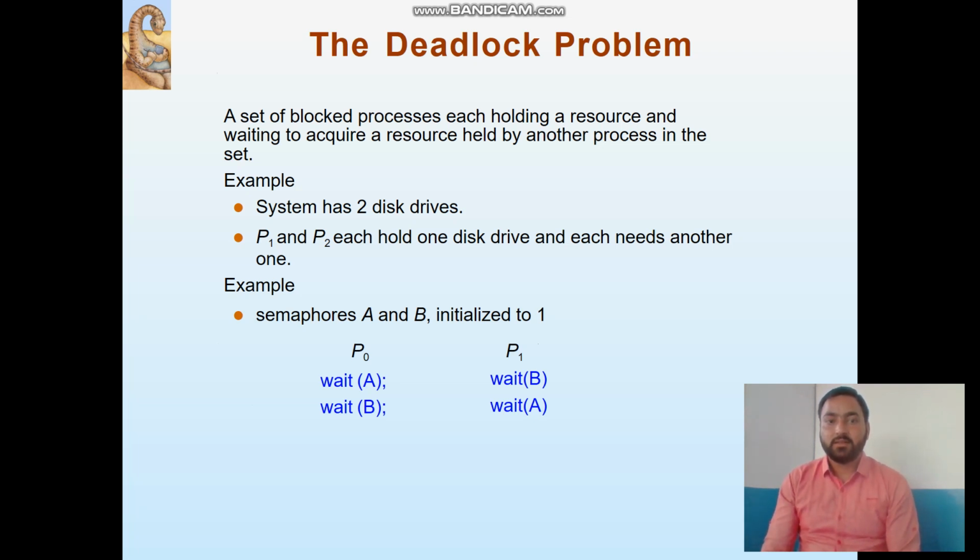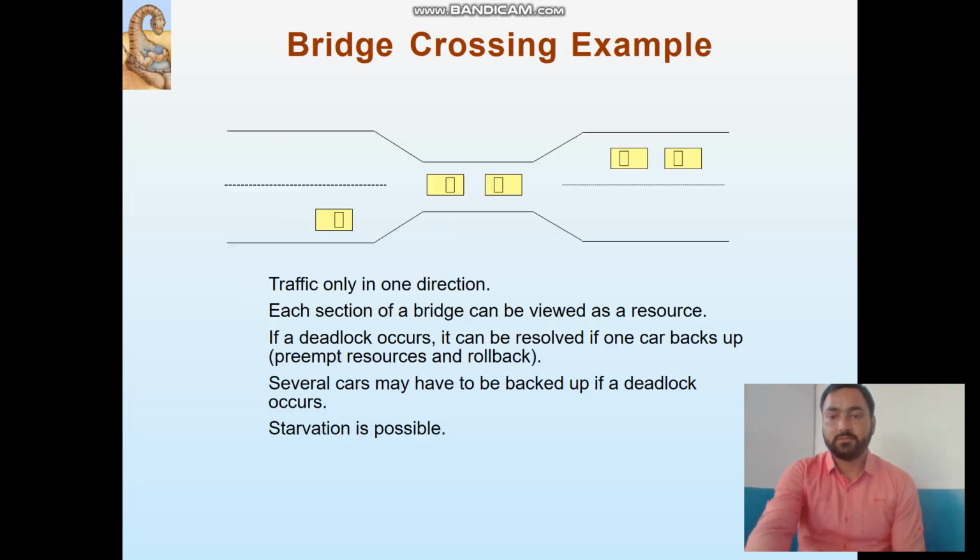But process P1 requires access of disk 2 to complete its execution and P2 requires access of disk 1 to complete its execution. But neither P1 nor P2 will release the disk acquired by them, because every process is in a rigid condition. That means every process wants to complete its execution and none of them wants to release the resources acquired by it. So that is the problem of deadlock.